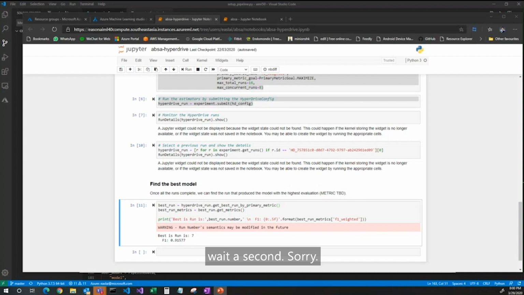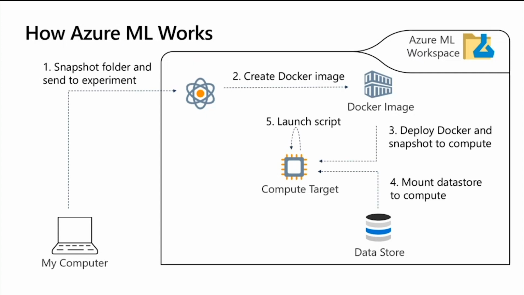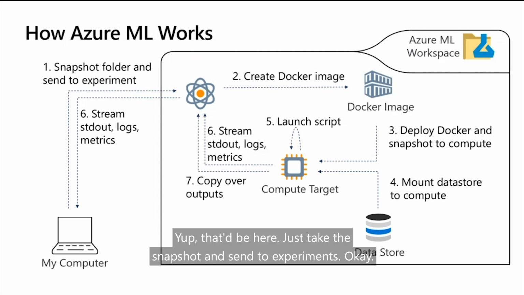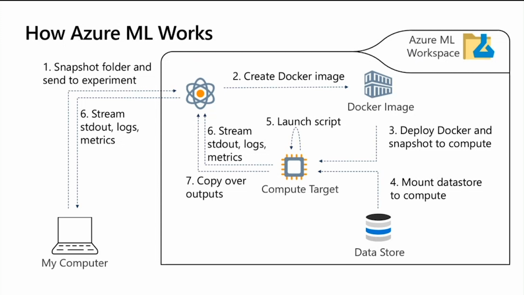Wait a second, sorry, it's lagging. Yep, back to here. Take the snapshot to send the experiment, okay? And then we create the Docker images for you. In the Docker images, we can register it and then deploy the model.